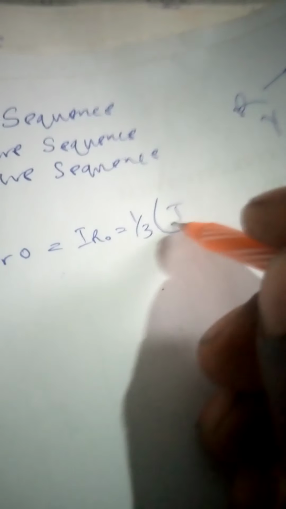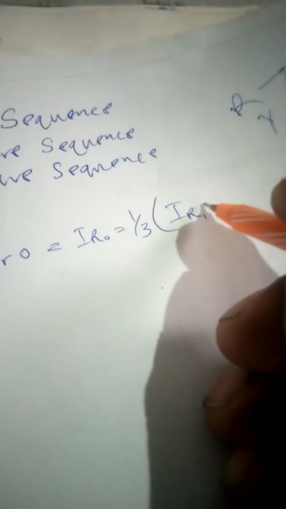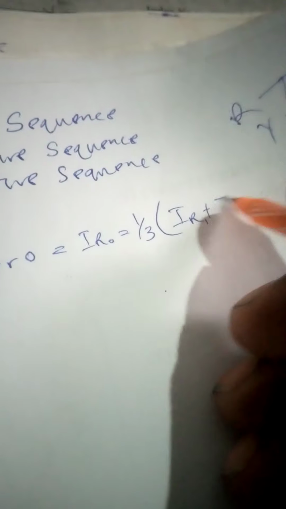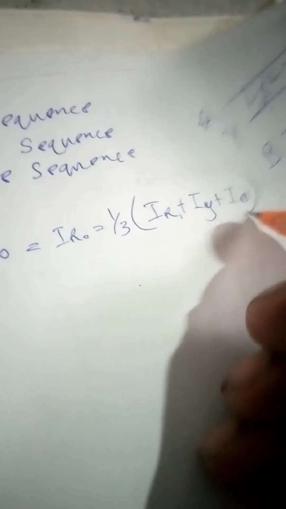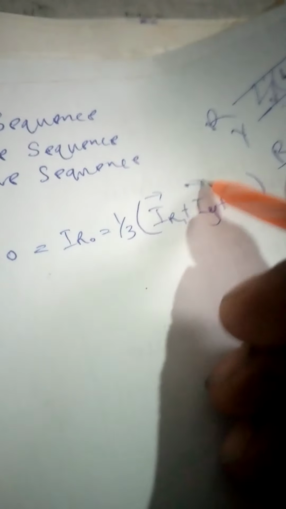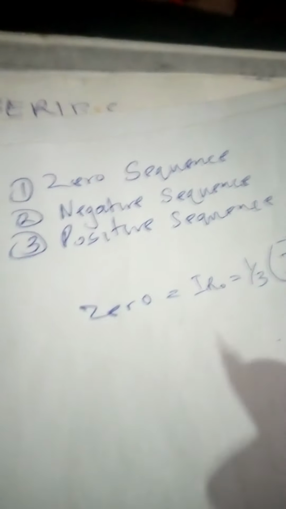A third of what? Current at red plus current at yellow plus current at blue. That is the expression for the zero sequence.